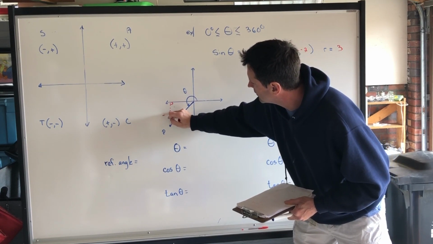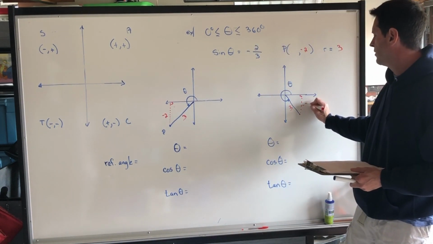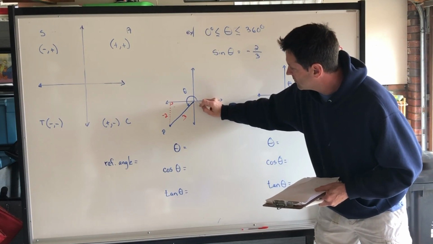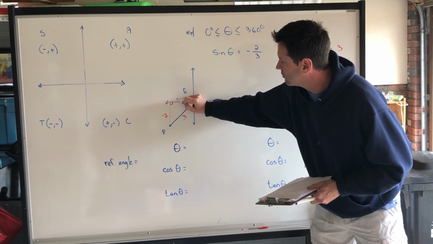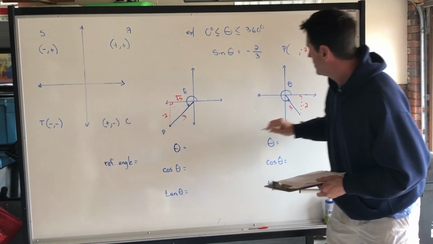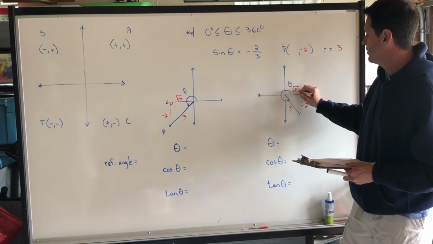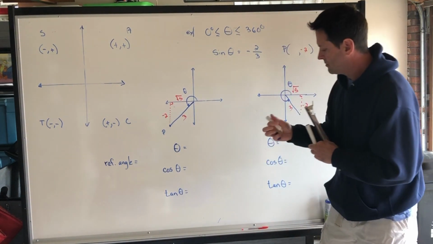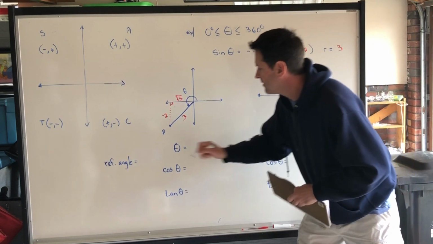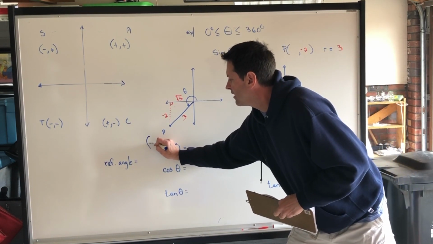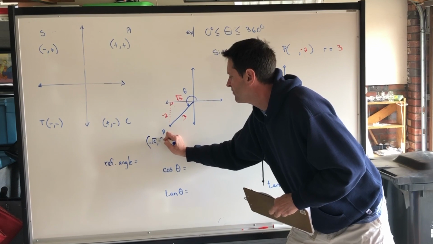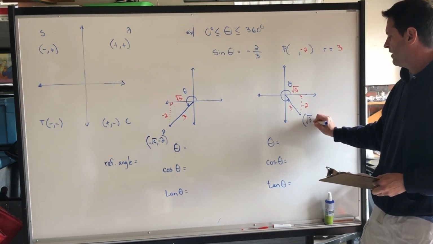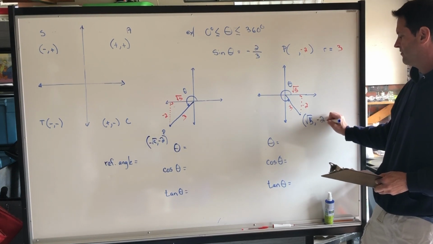By the Pythagorean theorem, you would find that this length would have been √5 units long, and likewise √5 units long here. Point P here is at negative root 5 and negative 2. This point P is at positive root 5 and negative 2.